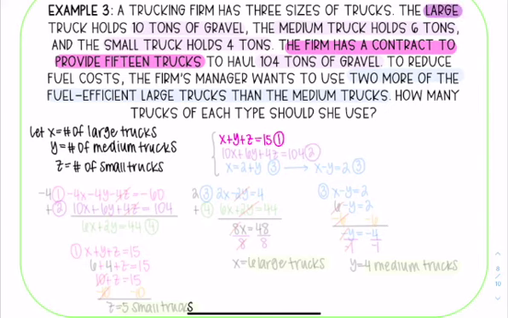The medium truck holds 6 tons, and the small truck holds 4 tons, and the total amount of tons we want to have of gravel is 104. And so we can set up this equation. This is 10x plus 6y plus 4z equals 104.